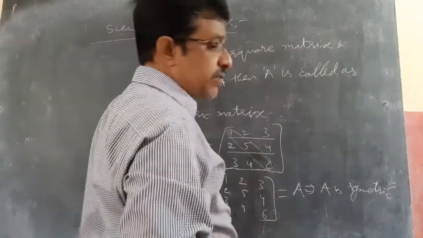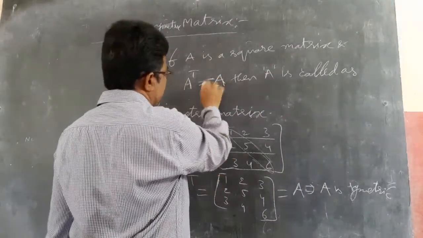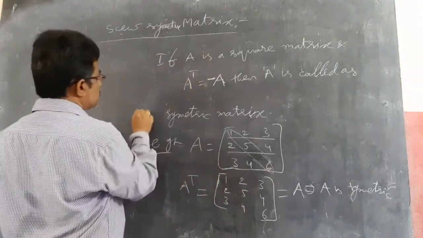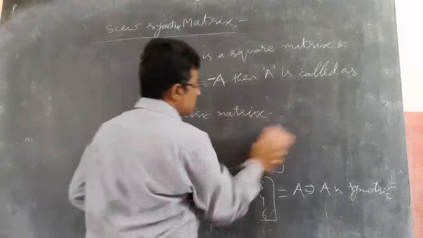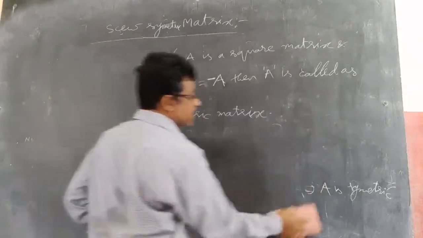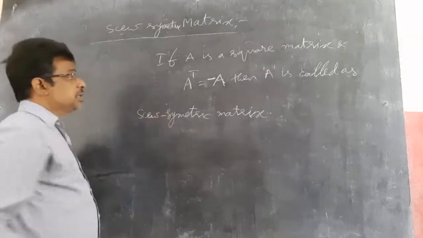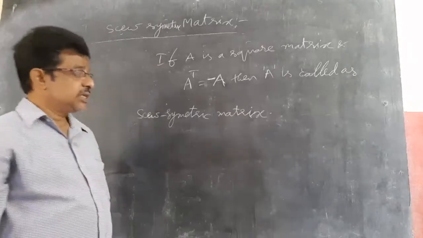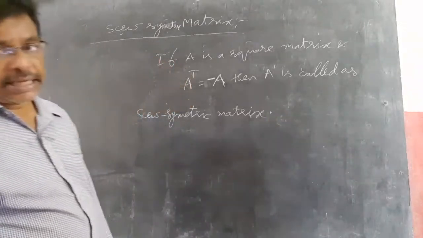If A is a square matrix and A transpose equal to minus A, then A is called skew symmetric. If A transpose equal to minus A, then A is called a skew symmetric matrix.